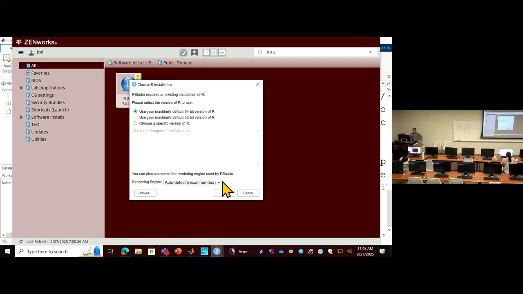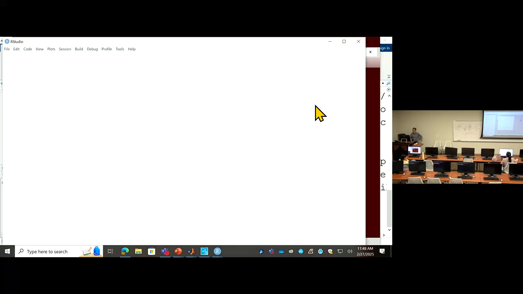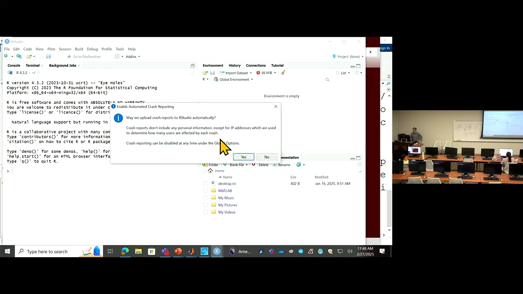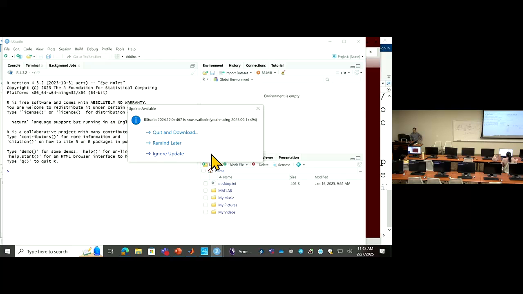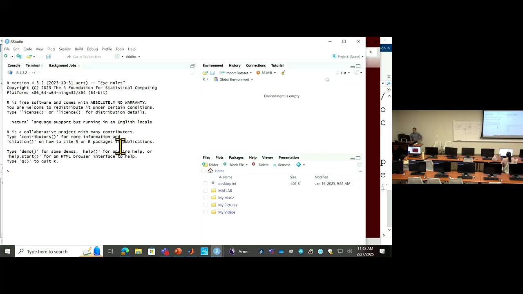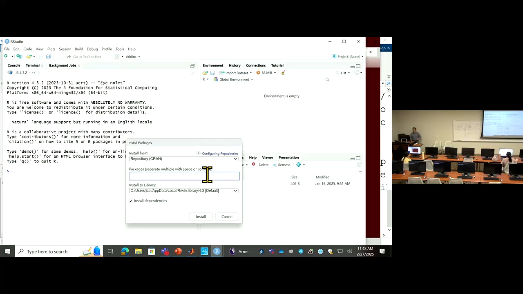So RStudio says, okay, let's detect machine default. Yeah, for this one, we are using this version, R 4.3.2. Let's just install a package from here, for example, Seurat.